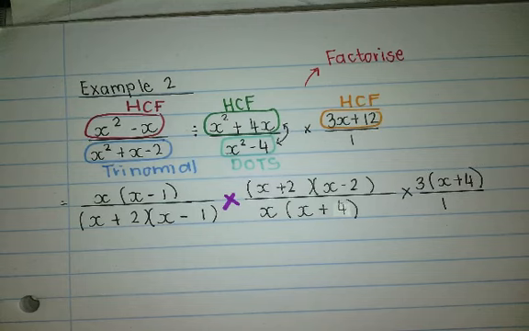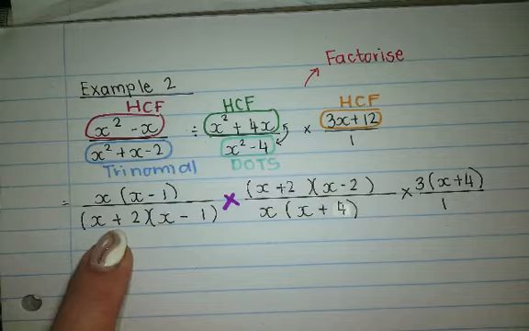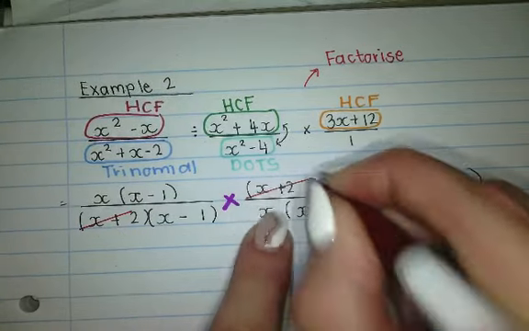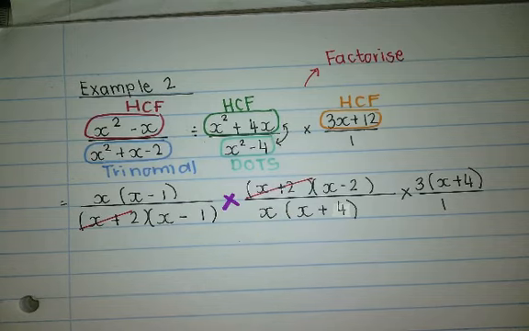Now remember, in grade 10, your second name is alternative. What I cancel first is not necessarily what you're going to cancel first, or what you cancel might not be what I cancel, as long as you get to the same answer. Right. So what I see first is an x plus 2 and an x plus 2.